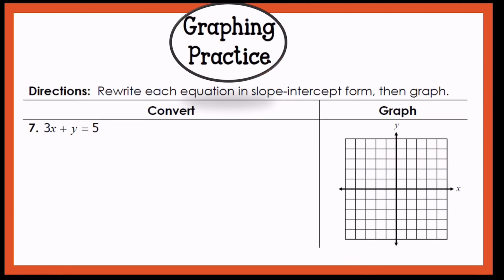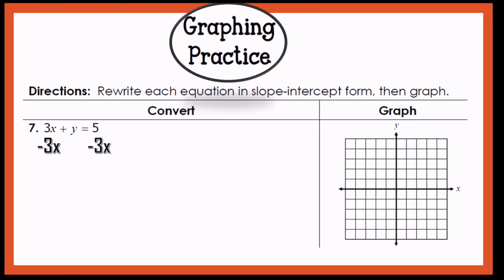So the reason we do this, ladies and gentlemen, the reason we convert is so that I can graph easily. So you only need to do this one with me. Don't do all the other ones, okay? I only want this one done. Do not do the other ones, okay? So our first step, all of you should be saying, oh, subtract 3x from both sides.